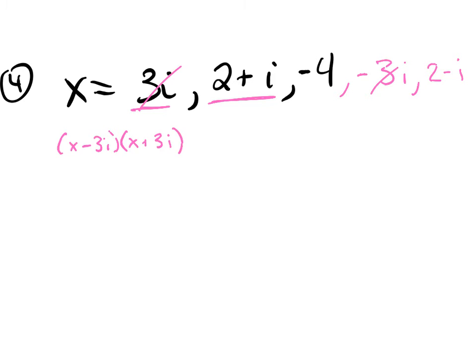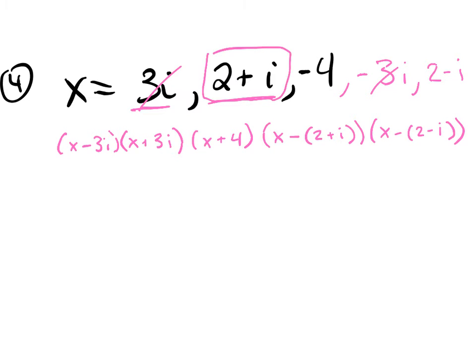I'm going to do x plus 4 next, and then x minus 2 plus i, and then we have x minus 2 minus i. So super important. This term here is positive. So when we put it into our linear factors, we need to make sure that that minus is in there. And then same for its conjugate, we have x minus the conjugate.